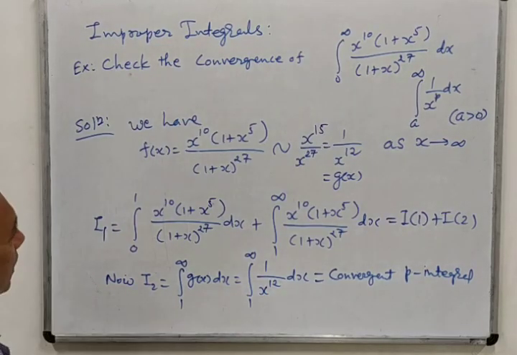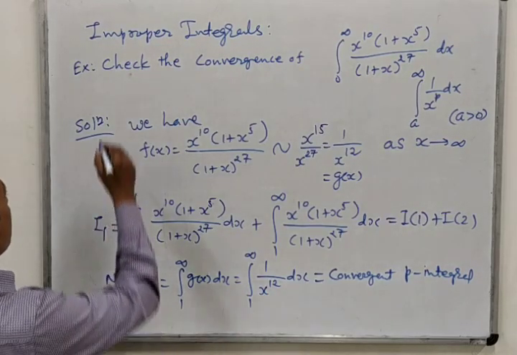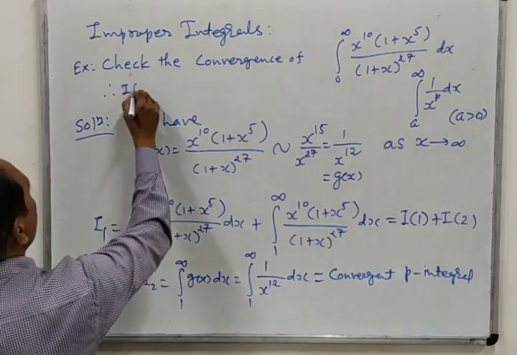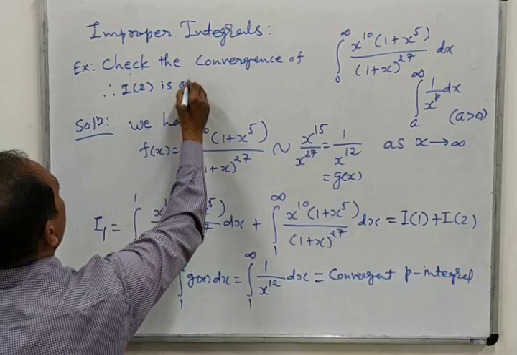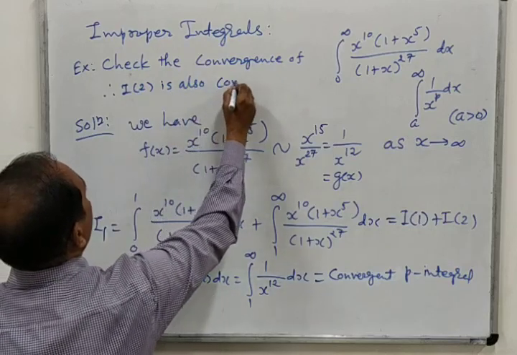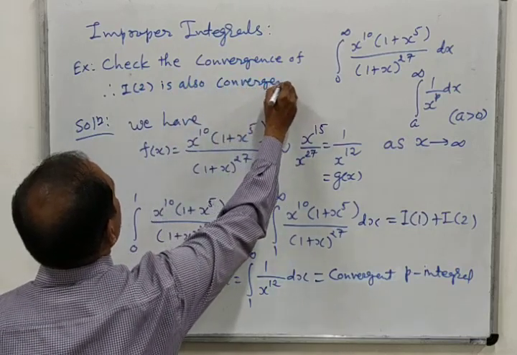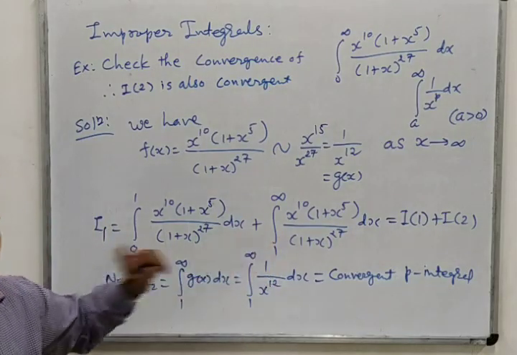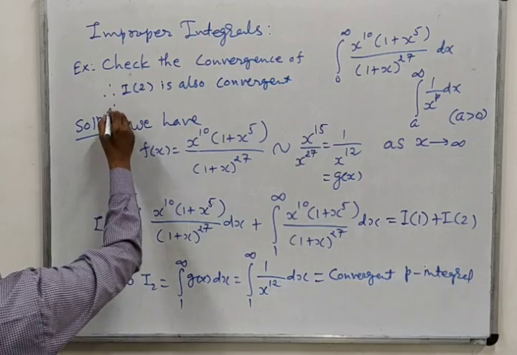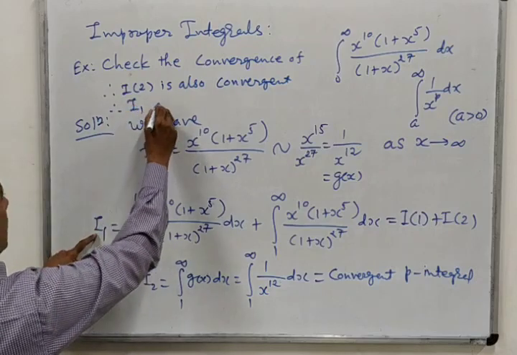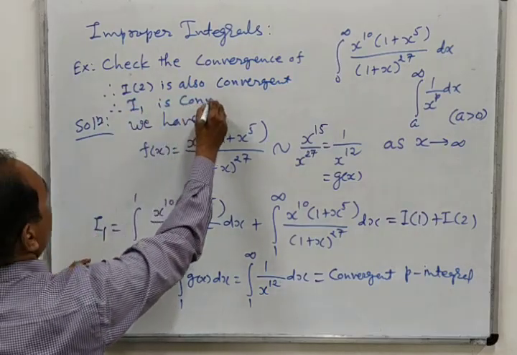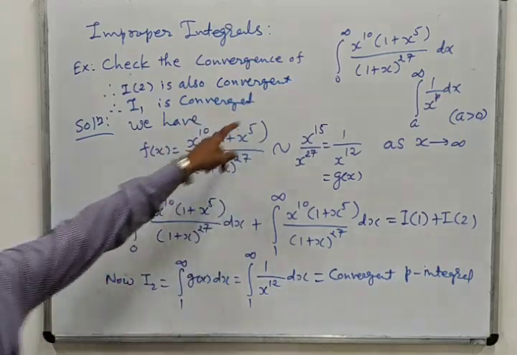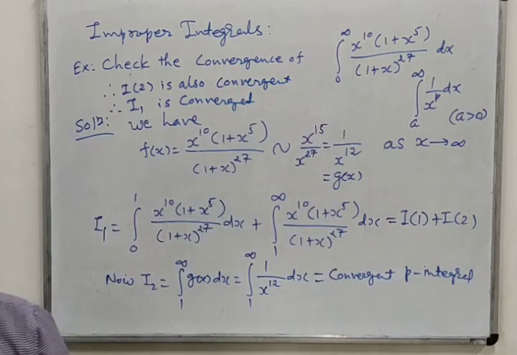So it is convergent, and therefore we say that this I2 is also convergent. So we know that now both integrals are convergent, and therefore we say that our integral I1 is convergent, because both integrals are convergent. That means the example is also convergent.